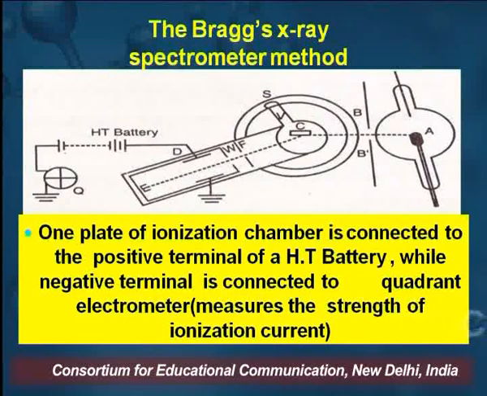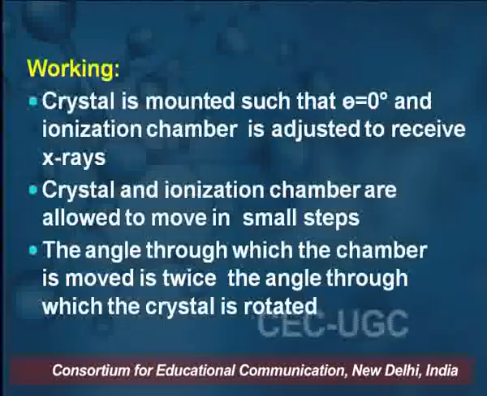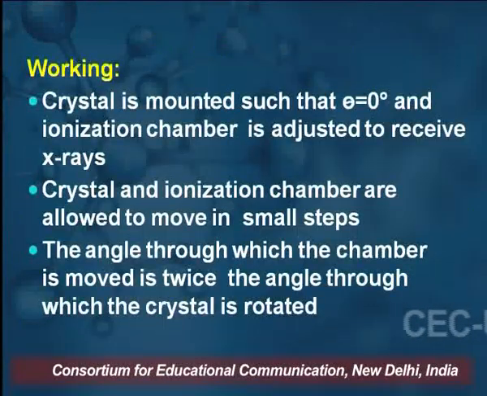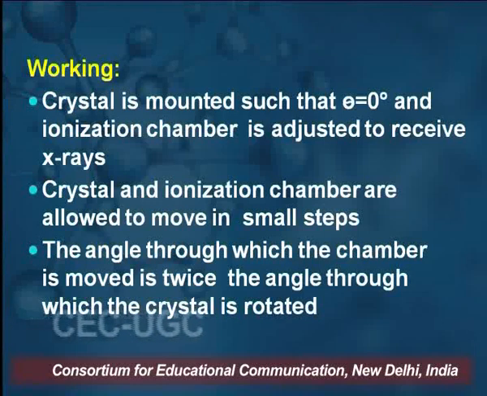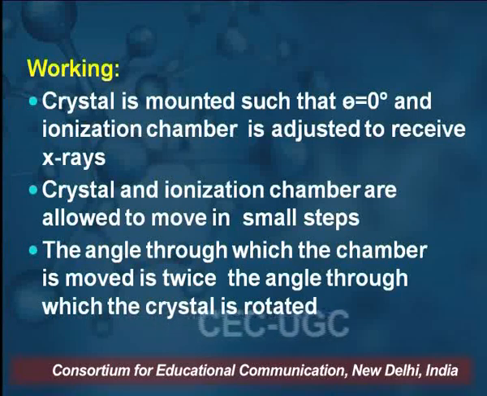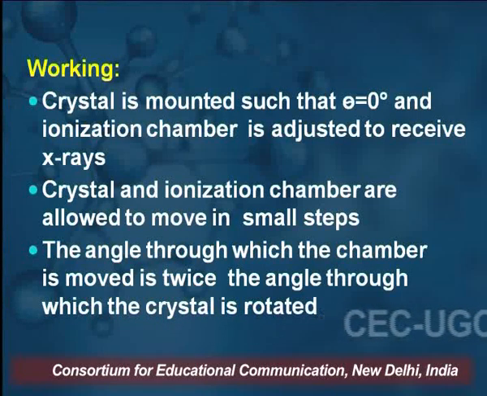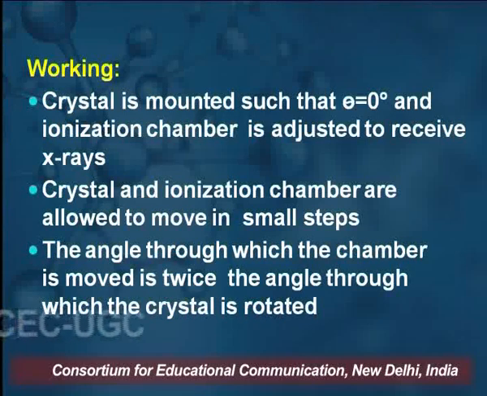Now, what is the working of this Bragg's X-ray spectrometer method? Here, the crystal is mounted at angle theta equal to 0 in the ionization chamber, and it is so adjusted that it can receive the X-rays. The X-ray falls upon a crystal which is mounted at a 0 degree angle.